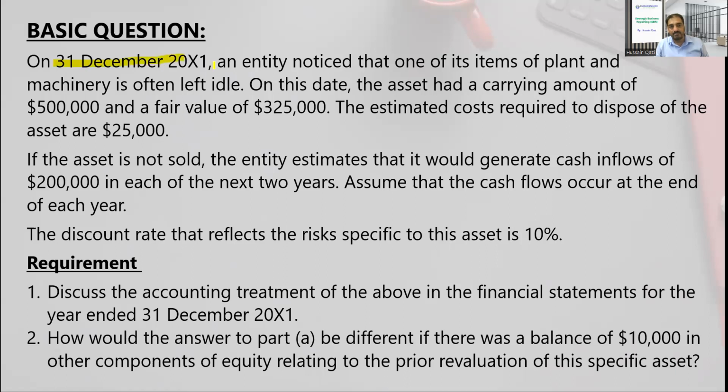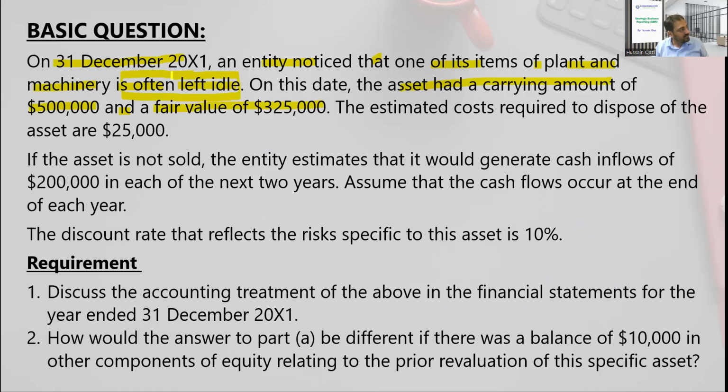31st December X1, entity noticed that one of its items of plant and machinery is often left idle. On this date, the asset has a carrying amount of 500,000 and fair value of 325,000. Number one, machine is often left idle. So what is the first thing that should click in your mind?